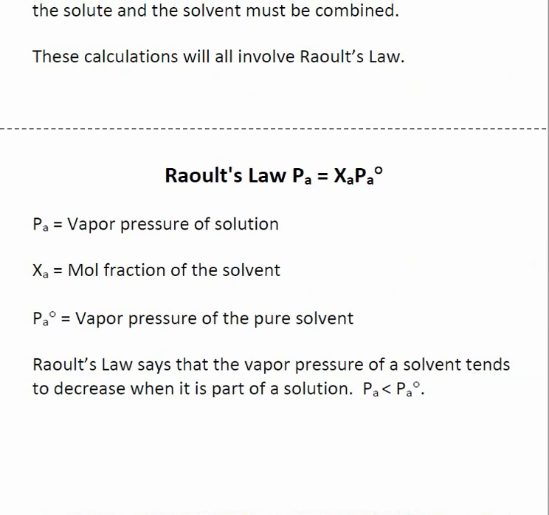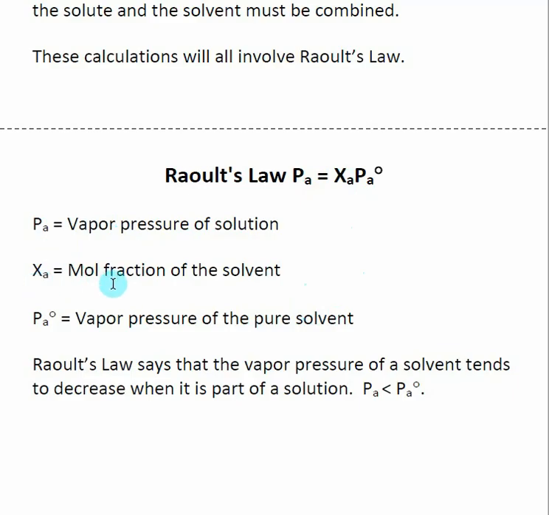So Raoult's law says that the vapor pressure of a solution is equal to the mole fraction of the solvent times the vapor pressure of the pure solvent. So this is the idea that as we dissolve things into our solvent, the vapor pressure of the solvent is going to decrease.